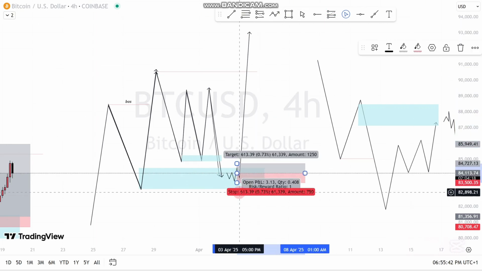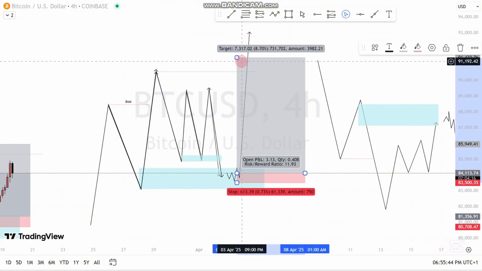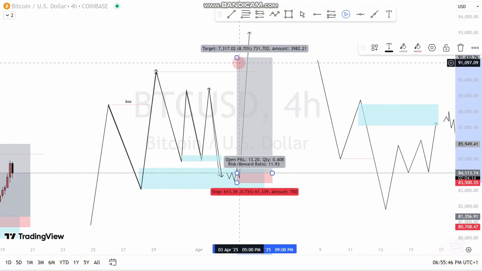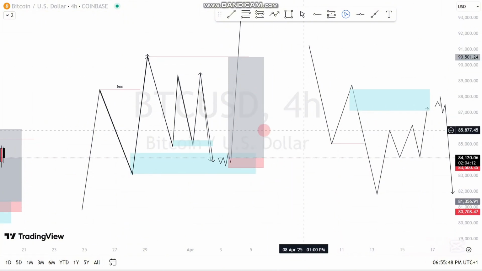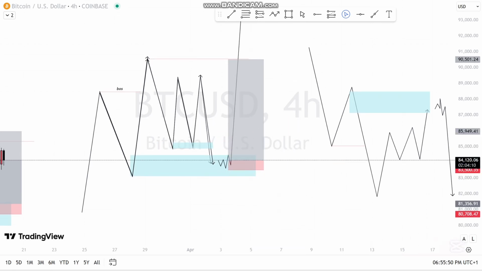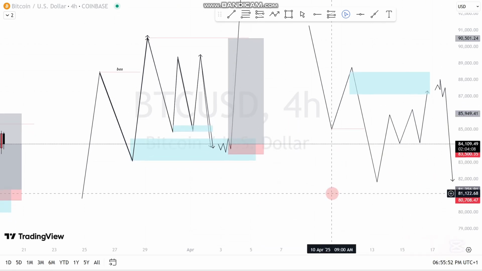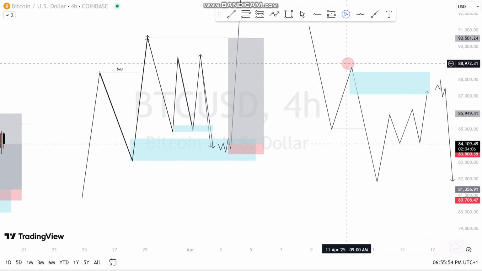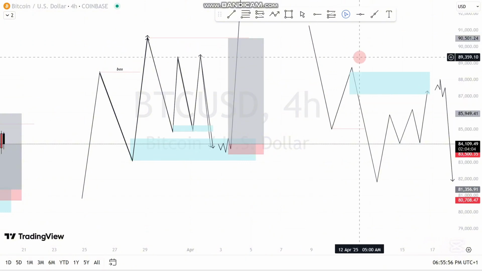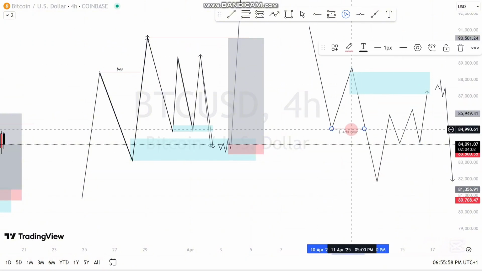The next one is the selling market, the bearish market. In the bearish market, you get to do something like this. You see price creating lower low, lower high, lower low. Then this BOS is your confirmation first, break of structure.